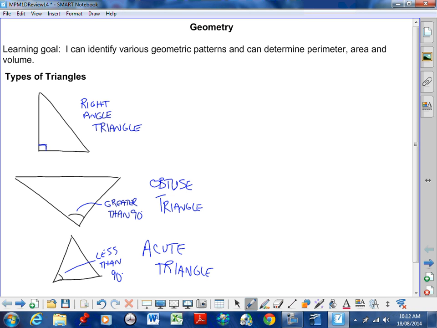Now, there are different types of triangles as well, specific ones, which I'll put in here. If we have a triangle that has three equal sides with equal angles, we call this an equilateral triangle.